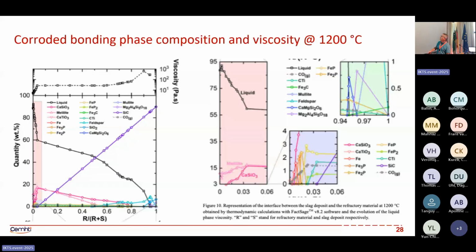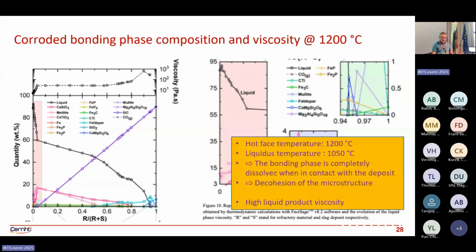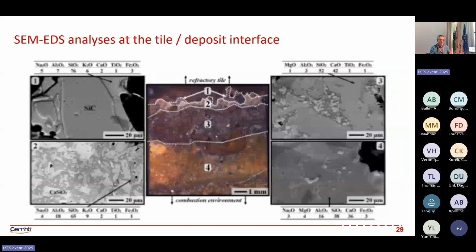But what you have to keep in mind is the liquidus temperature and the evolution of the viscosity, which becomes very, very viscous. And this is also an important point. So hot phase, I already mentioned it.